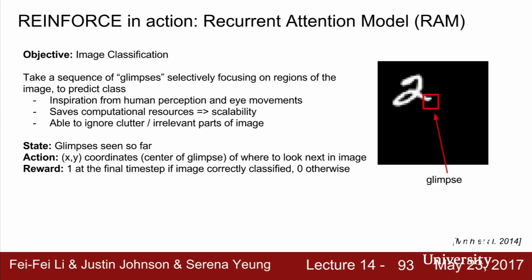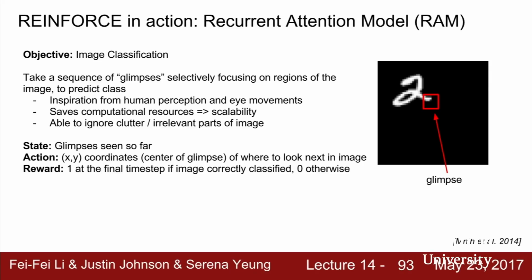The reason we want to do this is, first of all, it has some nice inspiration from human perception and eye movements. Let's say we're looking at a complex image and we want to determine what's in it. We might look at a low resolution of it first and then look specifically at parts of the image that will give us clues about what's in it.